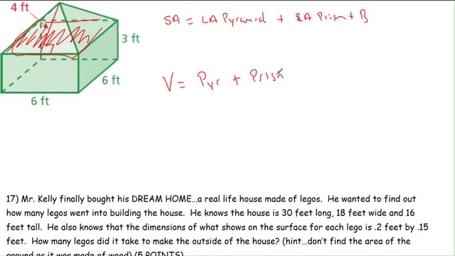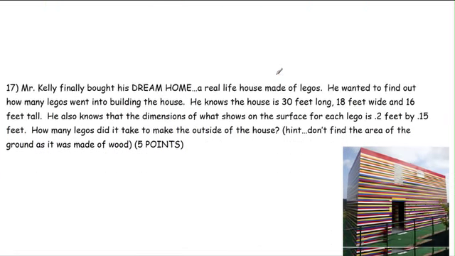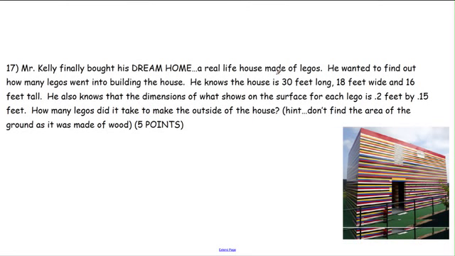Okay? The second type of problem we have down here is a problem I describe as how many times would it go into it. All right? So in this one I have a Lego house, and it talks about the Lego house. And we want to know how many Legos. Then it has one Lego. All right? And the Lego is just one little piece of this.